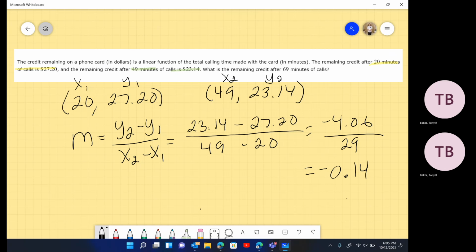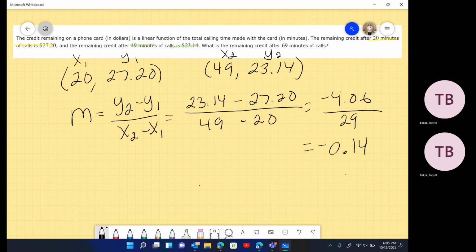Okay? All right, the last piece of this, your answer for your question. So when you're setting this up, we're going to use the point-slope form. So it's y minus, and you can use any of the numbers you want, really. So I'm going to use the first point just because it's the easiest one.